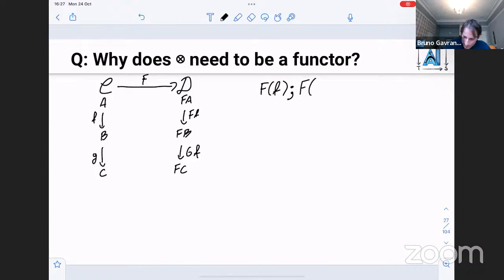So F of F composed with F of G should be the same as F of F composed with G.